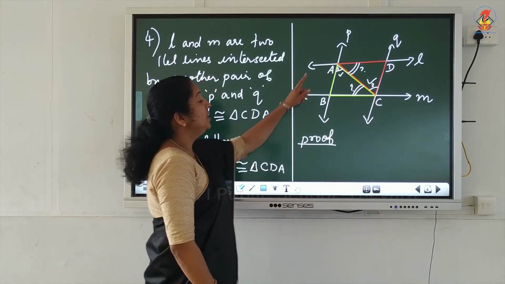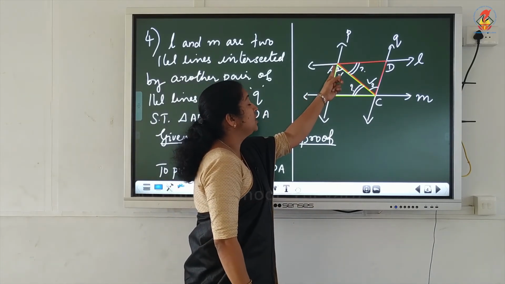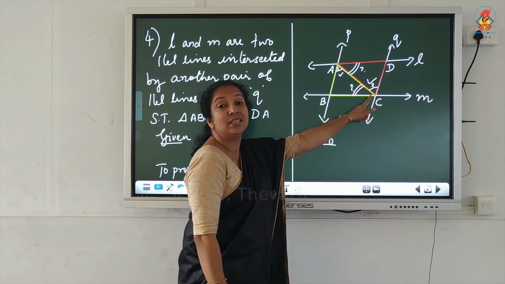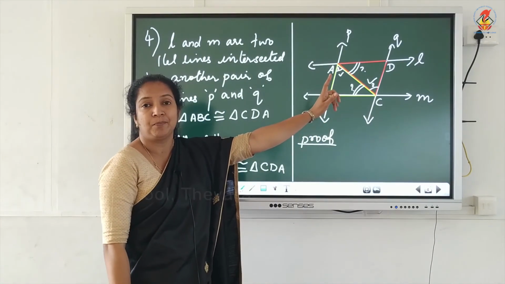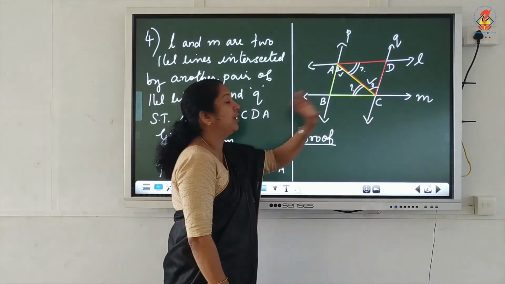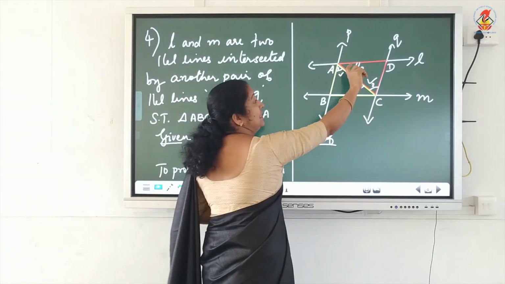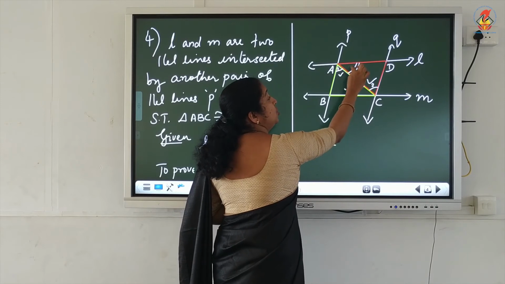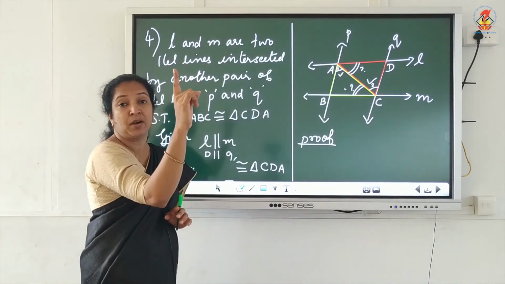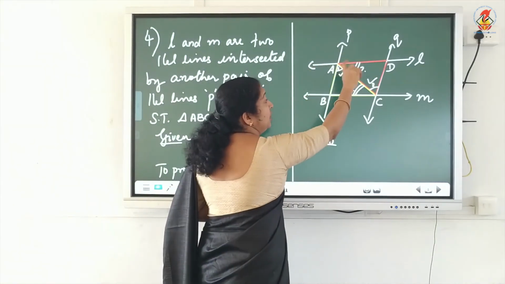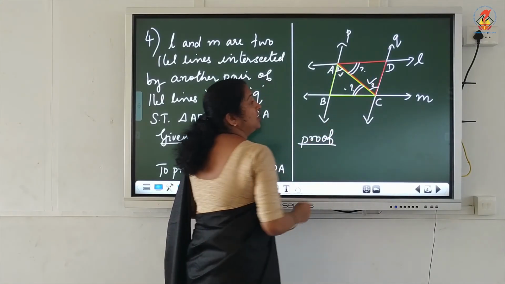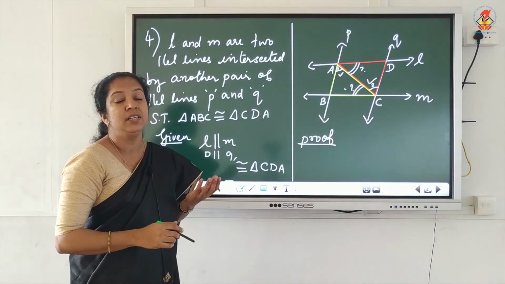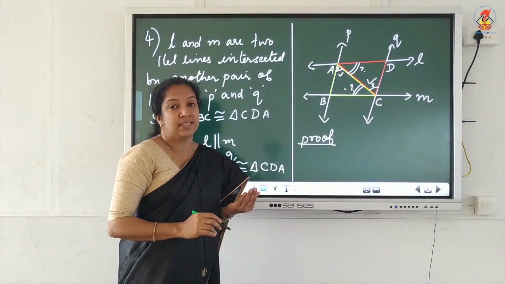So if we are starting the first triangle with A, we have to start the second triangle with C. That is how you have to identify. Or what we can say is turn and keep. Otherwise, if we just fold this, these two will coincide. That is not the corresponding parts. So we have to turn. When you turn this, these two will coincide. So what I said is AC is equal to CA.